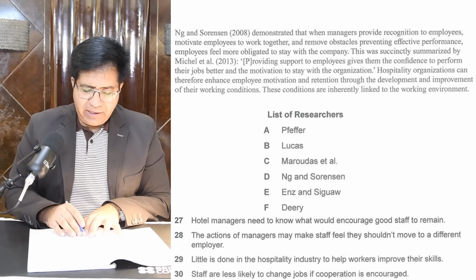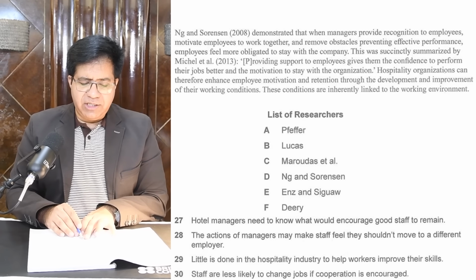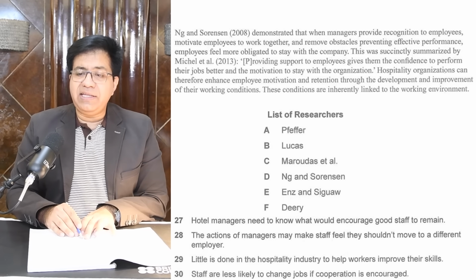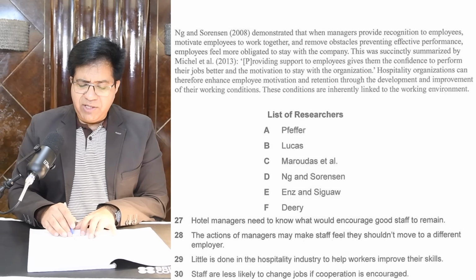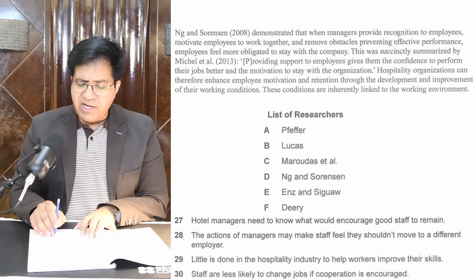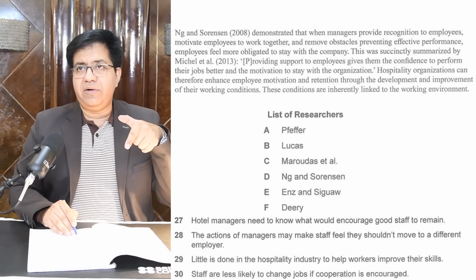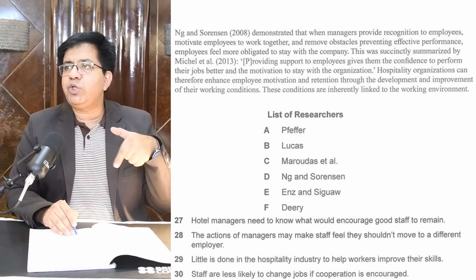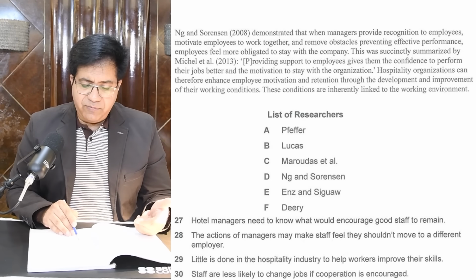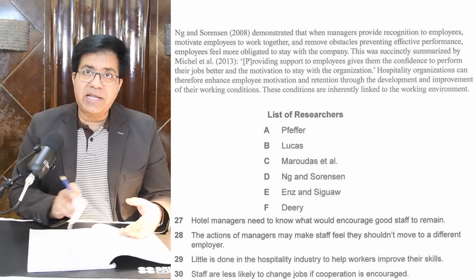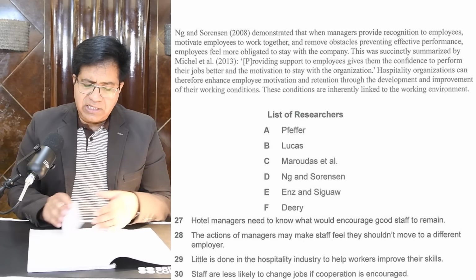Now please come back. What is cooperation? Working together. Ng and Sensen demonstrated that when manager provides recognition to employees, motivate employees to work together. When you work together, it means you are cooperating with one another. So question number 30 and question number 28 answer is D.